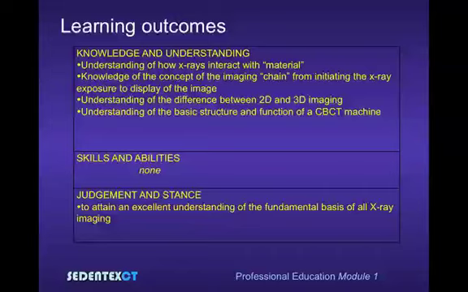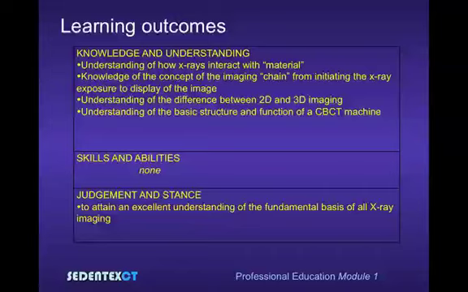The learning outcomes that we intend to achieve at the end of this module are as follows. In terms of knowledge and understanding, that you understand how X-rays interact with material, that you have a knowledge of the concept of the imaging chain from initiating the X-ray exposure through to display of the image, that you understand the difference between two- and three-dimensional imaging, and that you understand the very basic structure and function of a CBCT machine.